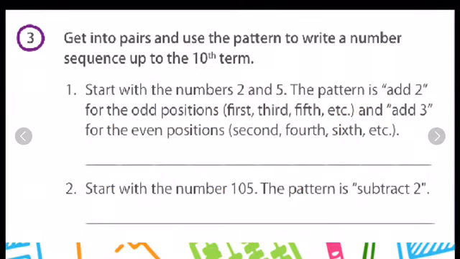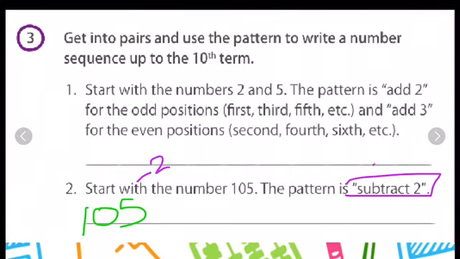Okay, now on exercise number 2, it says start with number 105, and you're going to subtract 2.